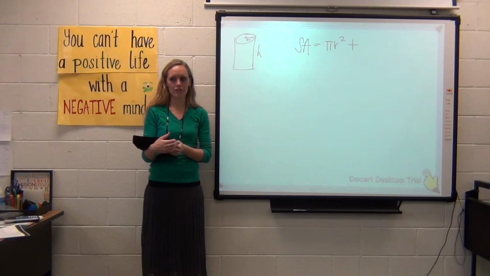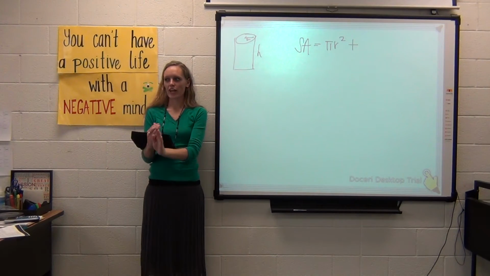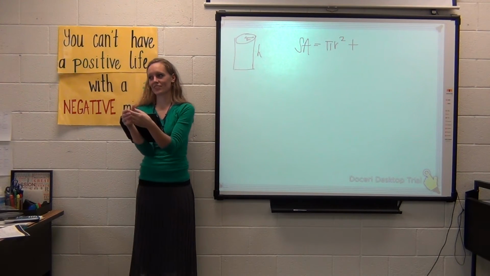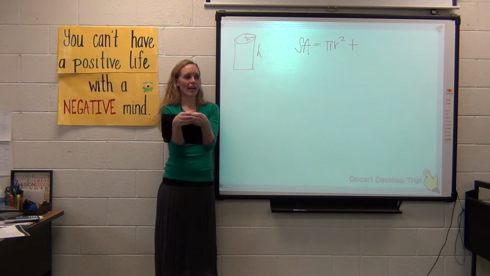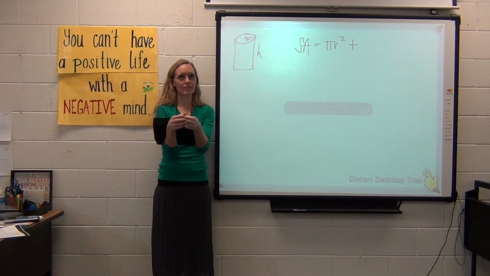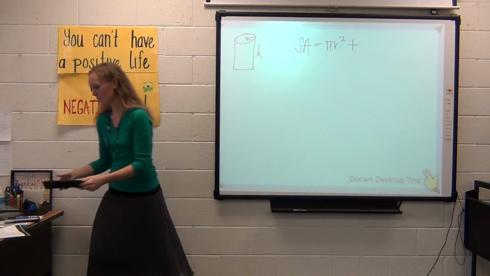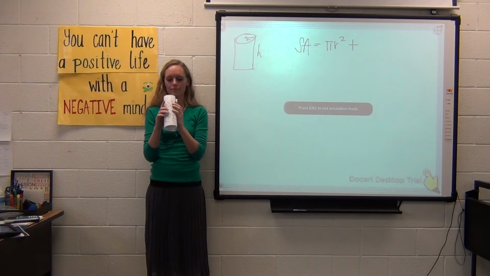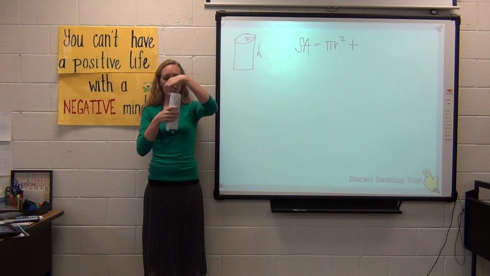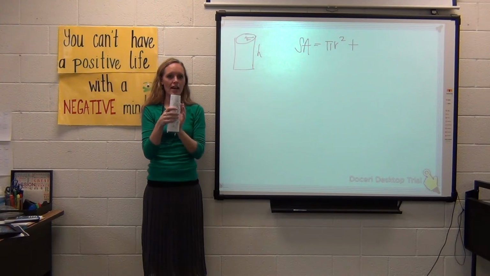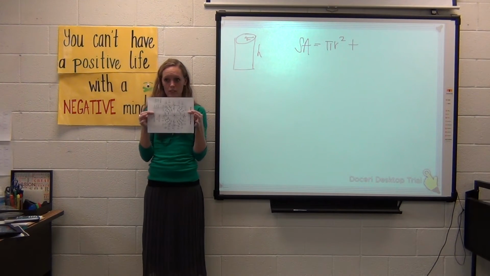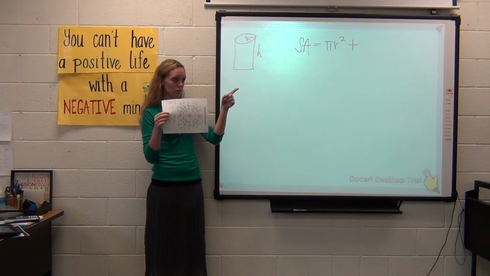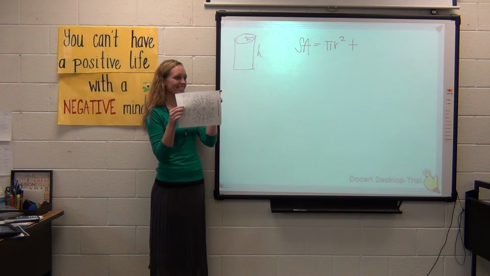Now what do we need for surface area? Okay, the area of the wraparound part. If I have a cylinder and I flatten it out, it's a rectangle. What are the 2 dimensions of the rectangle? The circumference and the height.